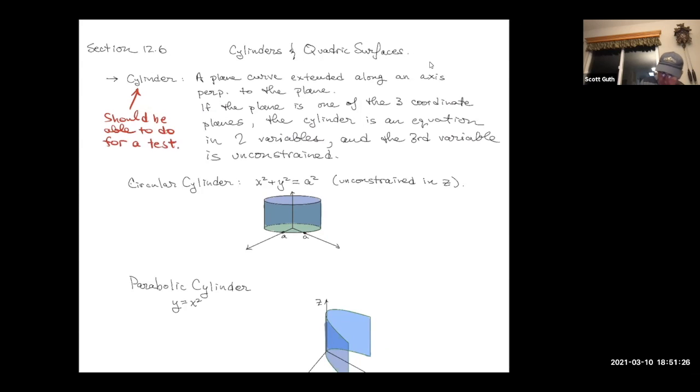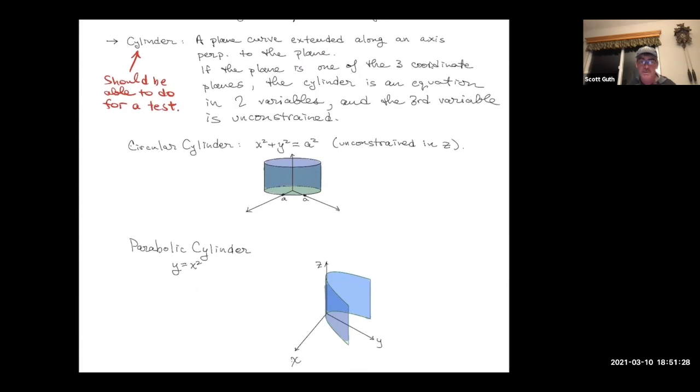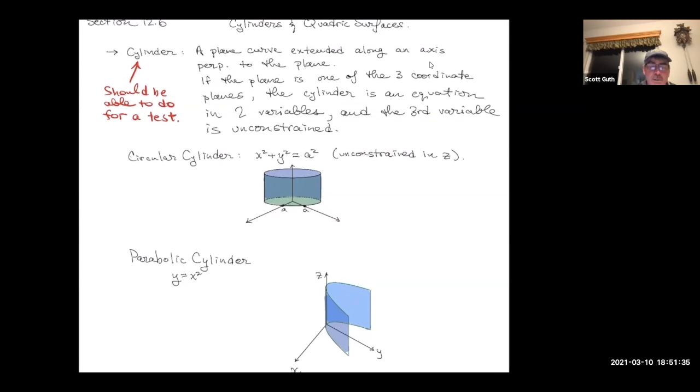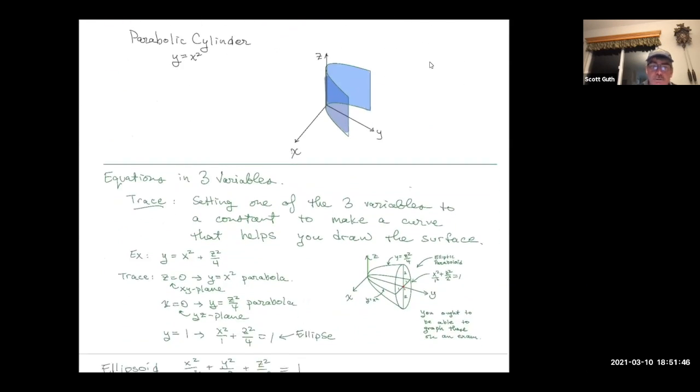All semester long, you're going to be finding volumes and surface areas of these things. The surface and the equation tend to be given, but you can't set up the limits for the integrals without a good sense of the graph. So cylinders are definitely good test material.